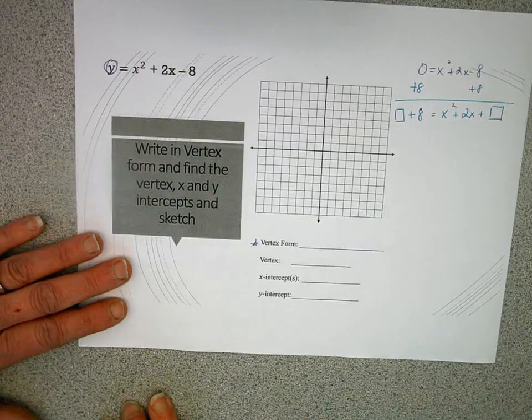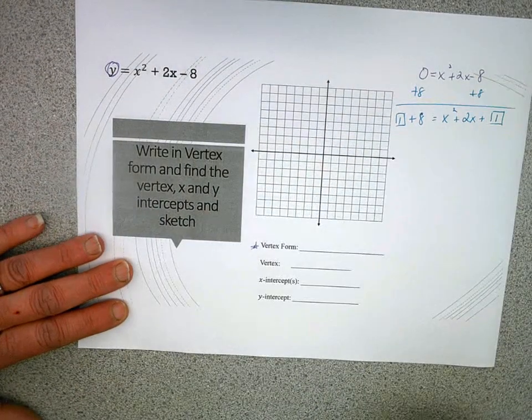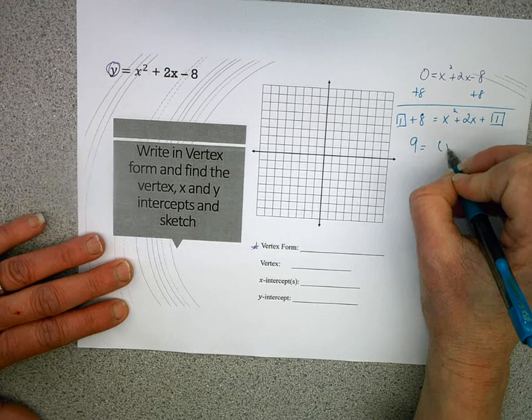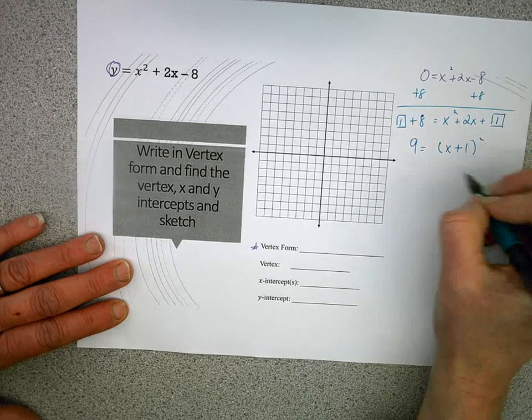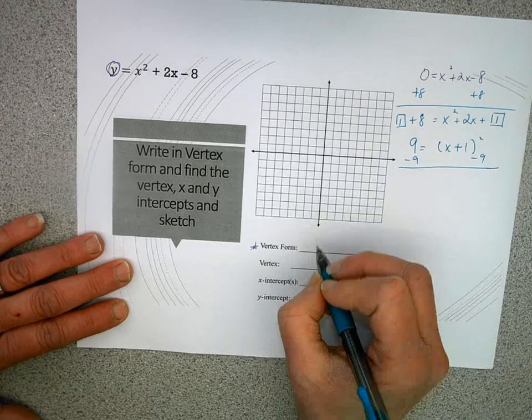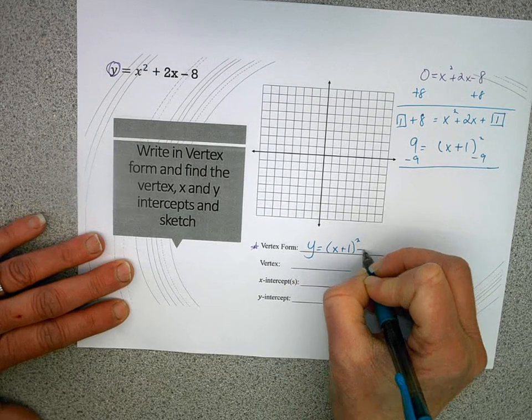Half of 2 squared is 1 squared, which is 1. So over here I have 9 equals, and I'm going to factor this, x plus 1 squared. Now to change this into vertex form, you got to move the 9 over. And you have to write it as an equation, so it would be y equals x plus 1 squared minus 9. So that was from 10.1.